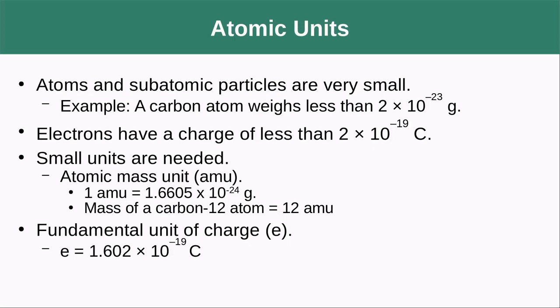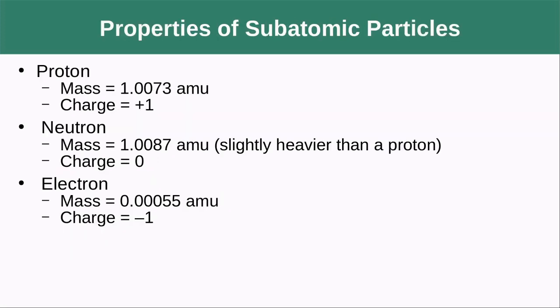And then we have our fundamental unit of charge, which is just the electron. And the electron is going to be equal to the charge of an electron in coulombs. This number that Millikan came up with, 1.602 times 10 to the negative 19 coulombs. So, to give you some perspective here, one proton is roughly 1 AMU, 1.0073 AMU.